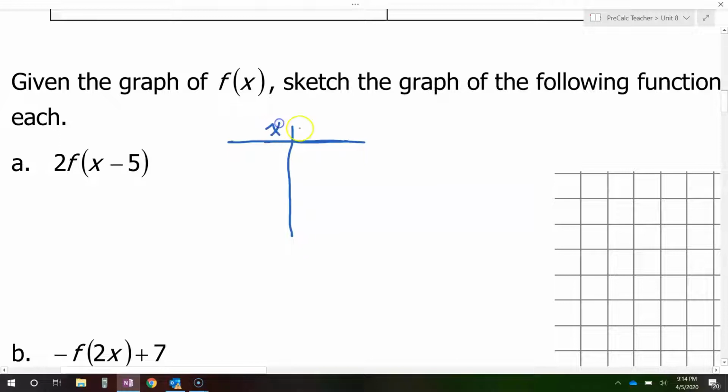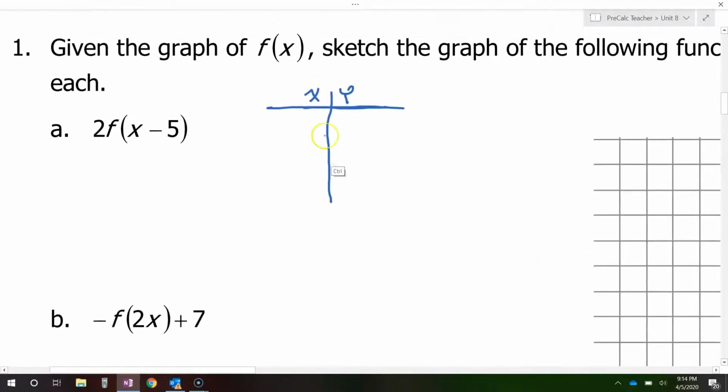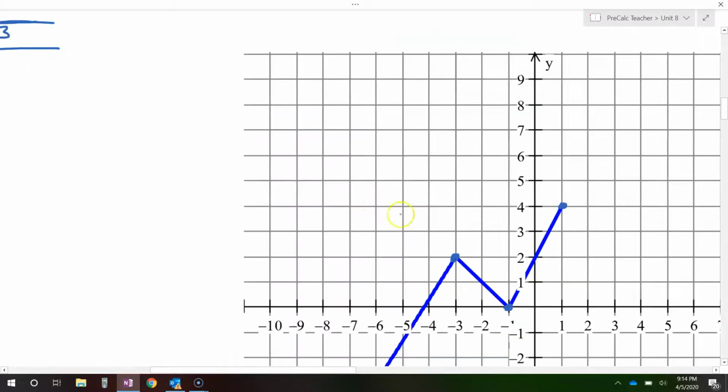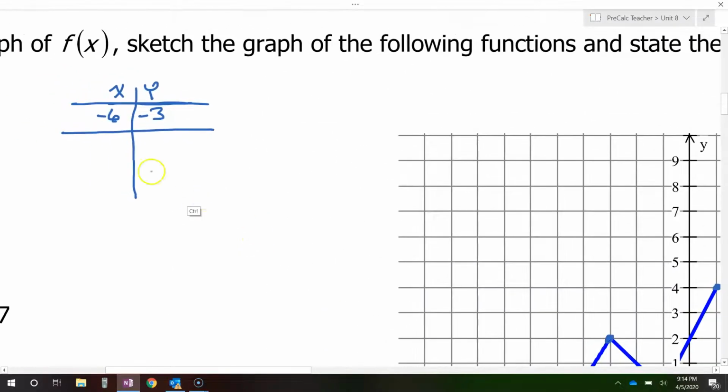So we have the x and we have the y. So our first point is -6, -3. So I've got -6 and -3 going on right there. And then next we have -3, 2.